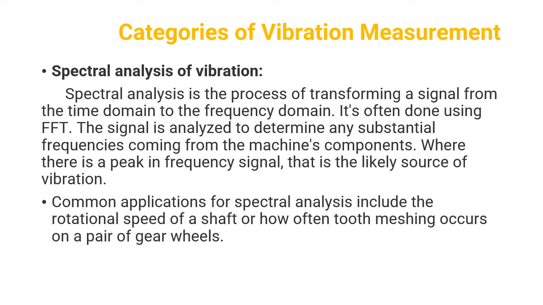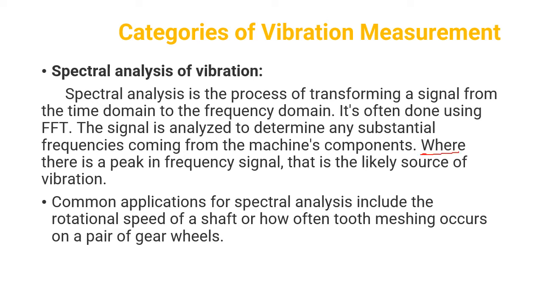Now we have discussed different methods. There are different categories of vibration measurements also. For example, spectral analysis. We already told you that this is amplitude versus frequency analysis, and this particular line is very important.